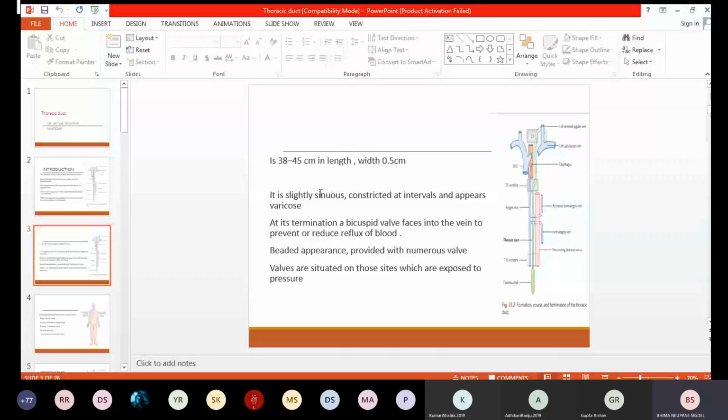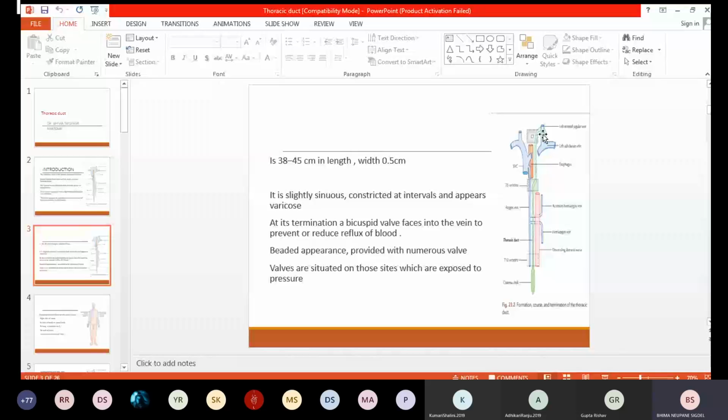Because of that beaded appearance, it looks like sinus, meaning dilated part, and in between you will get the constricted part. Okay, the dilated and constricted parts lead to the formation of the beaded appearance of the thoracic duct. Okay, and here at the terminal part, there is a bicuspid valve.